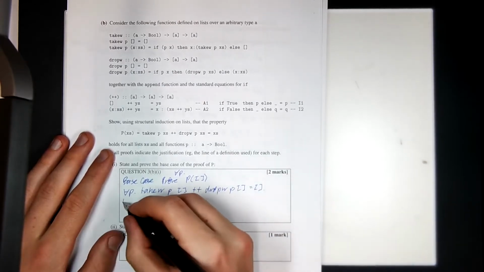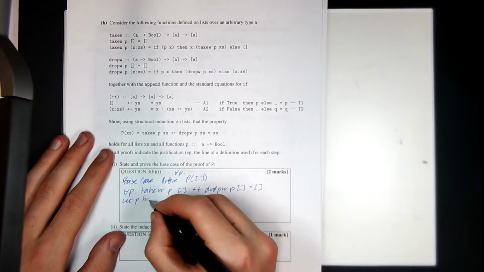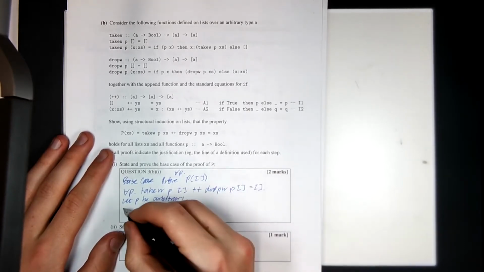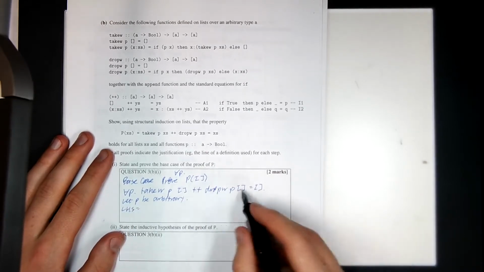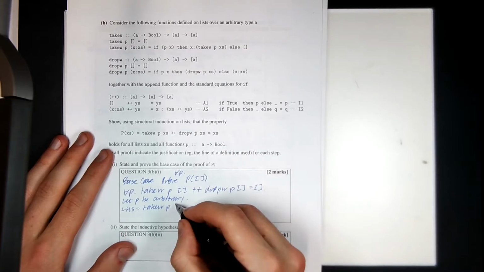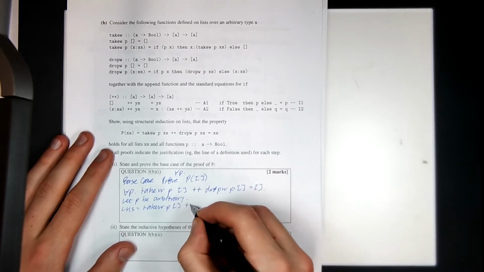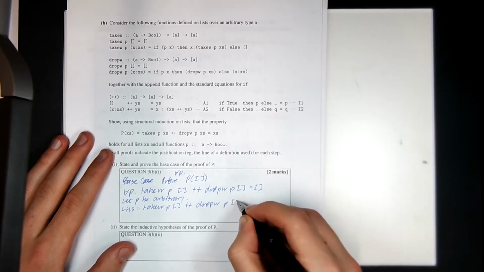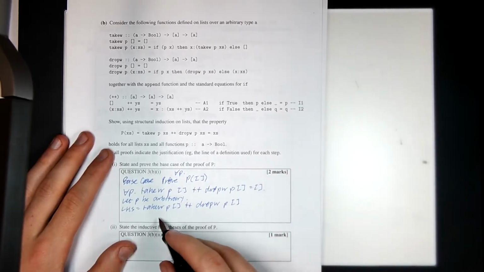Okay, let P be arbitrary. Here's the proof. Left hand side is equal to take-while P empty concat drop-while P empty.